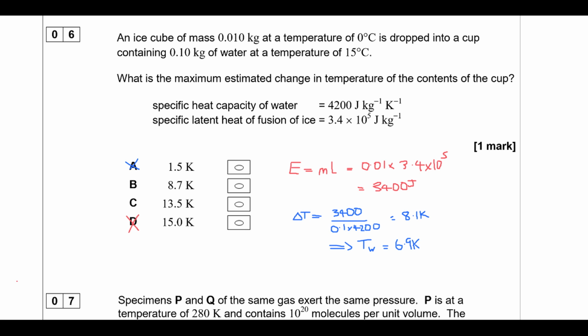Now when it reaches thermal equilibrium, they're going to be at the same temperature as each other. So to raise the temperature of the ice, I'm going to call the final temperature TF, and what was ice is now at 0, and we've got 0.01 of it.